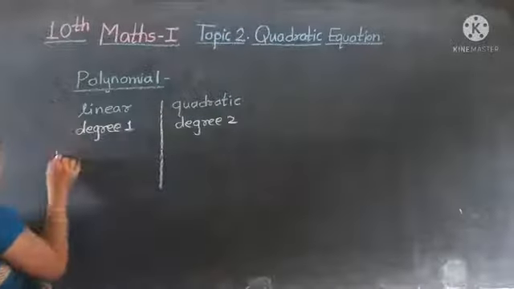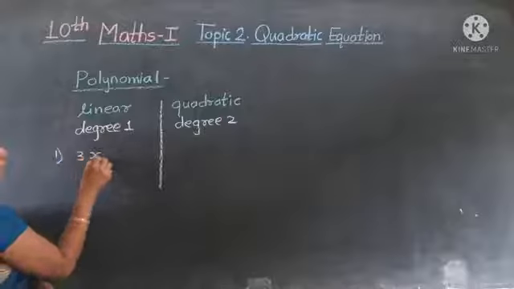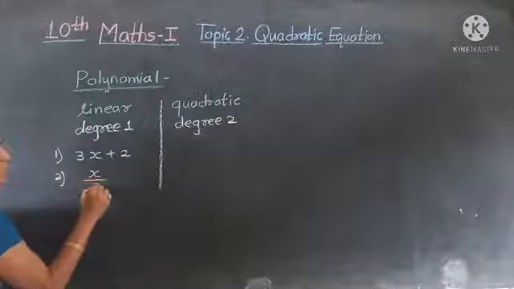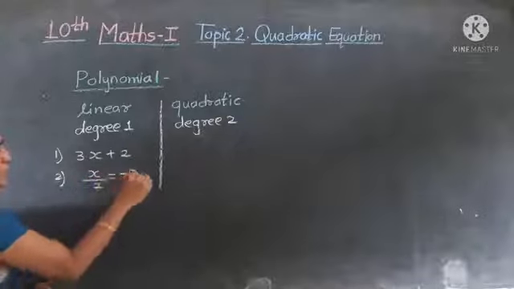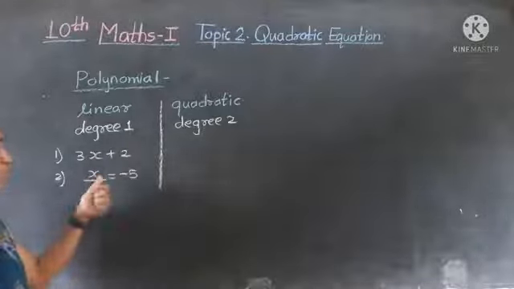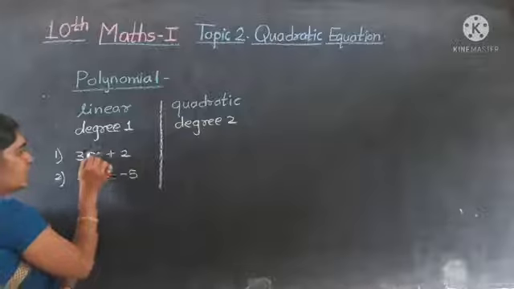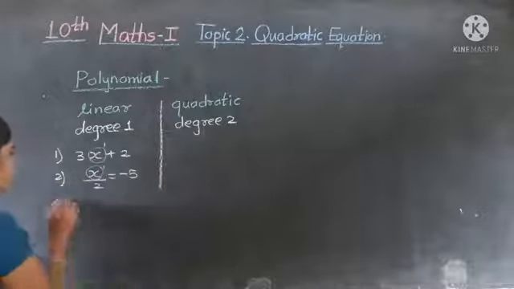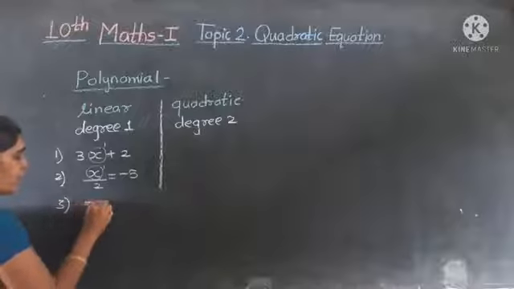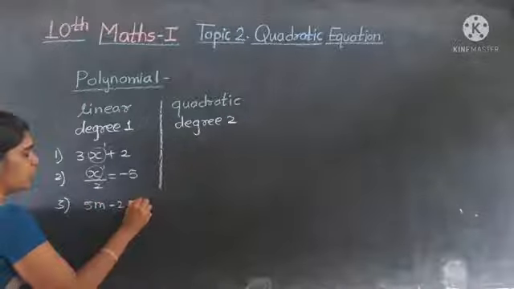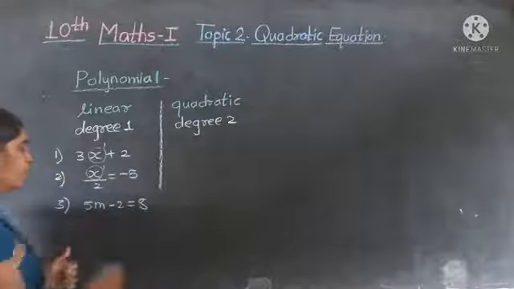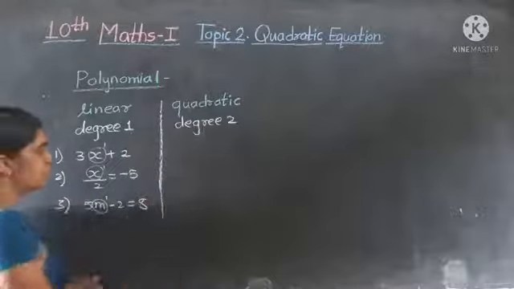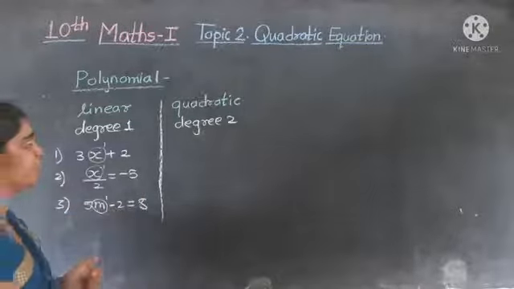Here are some examples. 3x plus 2, x upon 2 is equal to minus 5. These are linear equations because the variable present is x and its degree is 1. Similarly, 5m minus 2 is equal to 8. Here also the variable is m and its degree is 1. So these are linear equations.